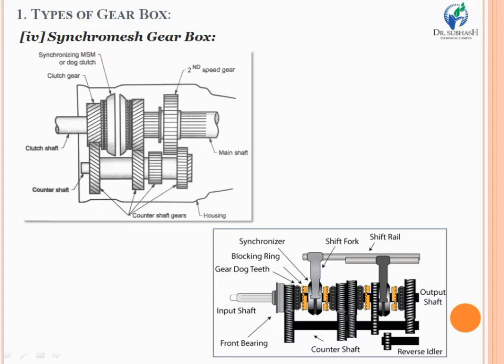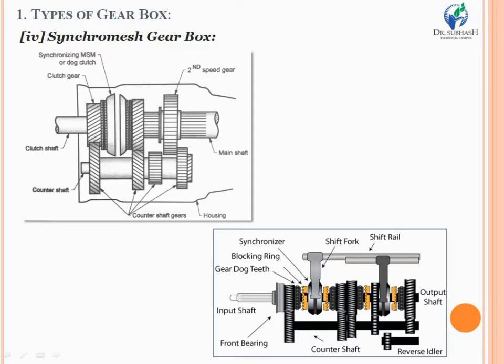Then we have also discussed the constant mesh type of gearbox. The prime difference between the constant mesh type and sliding mesh type of gearbox is that in case of the sliding mesh gearbox, at a particular interval or periodic time, only one pair of gears remains constantly meshed.